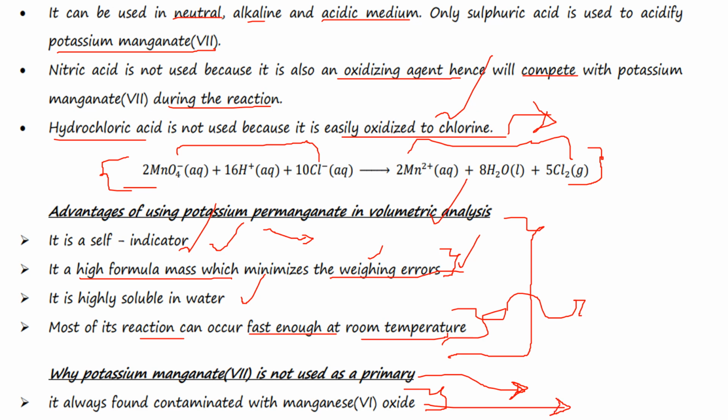So usually when you leave them in the laboratory open, you form those solids or precipitates present in that solution. So it's not quite advised. Remember that every reagent has an upside and a downside. So one of its downsides is that it is always contaminated with this compound, manganese 4 oxide.